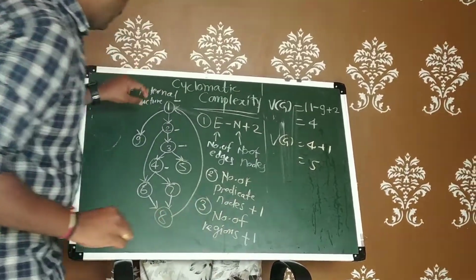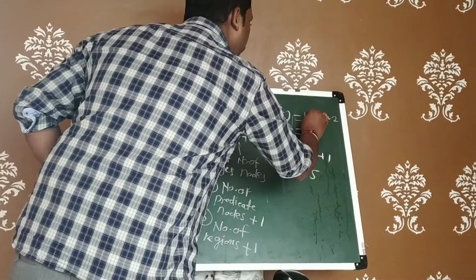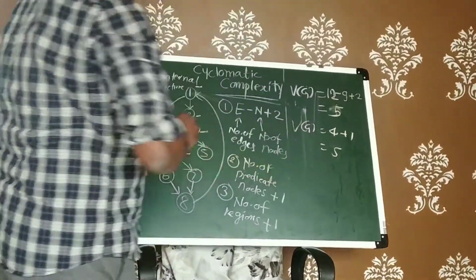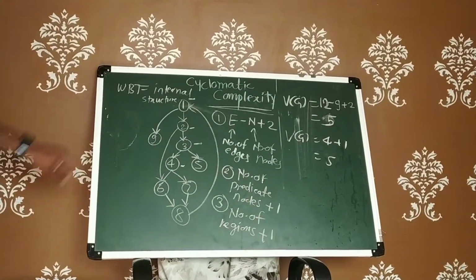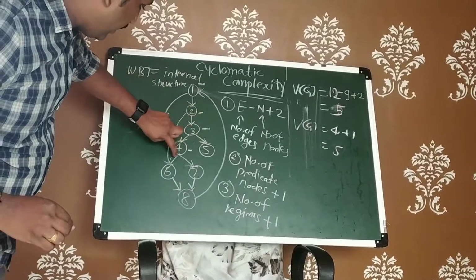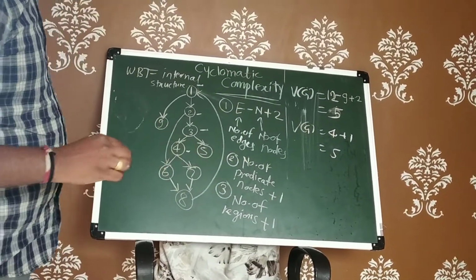Over here, I think 12 edges are there: 1, 2, 3, 4, 5, 6, 7, 8, 9, 10, 11, 12. So 12 minus 9 plus 2 gives you 5.